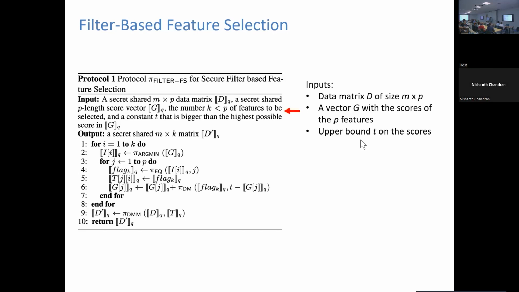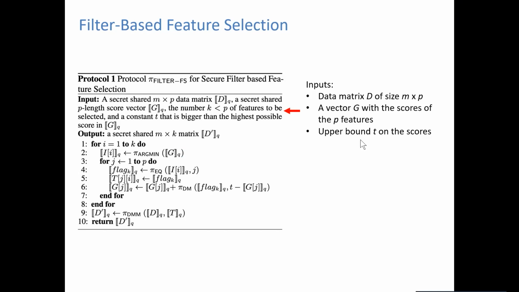The input is some data matrix where the size of the matrix is M, the number of instances, times P, which is the original number of features. And then you would have computed the score of every feature, so you have P scores for the features.